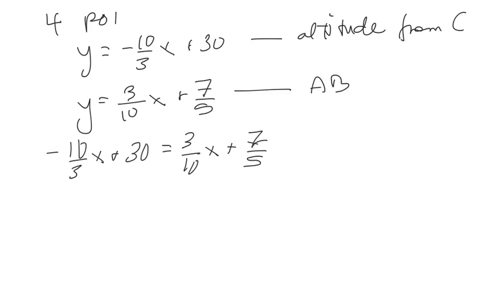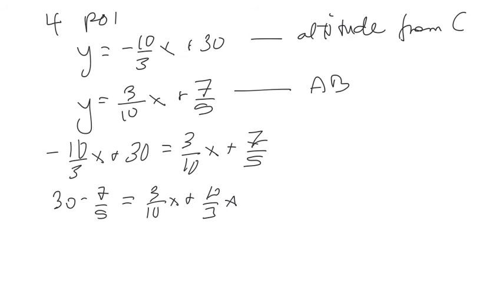Our first step is to get all the constants to one side and all the terms that involve x to the other side. So my next line in my solution will be 30 minus 7 over 5 equals 3 over 10x plus 10 over 3x, like that.